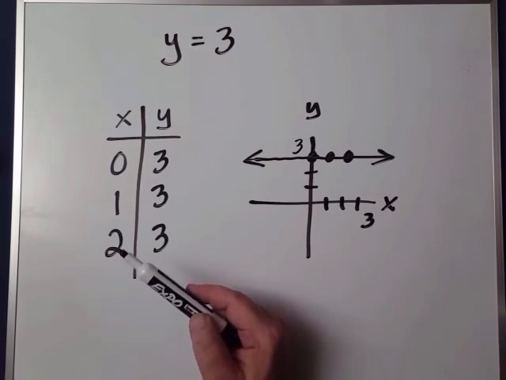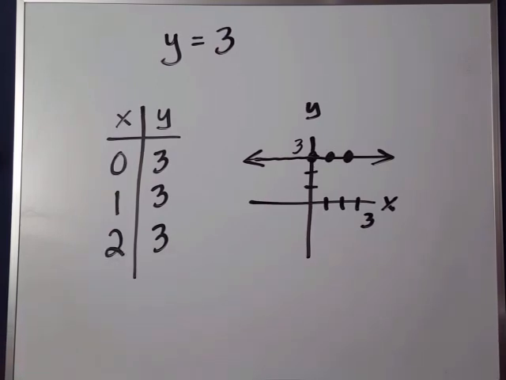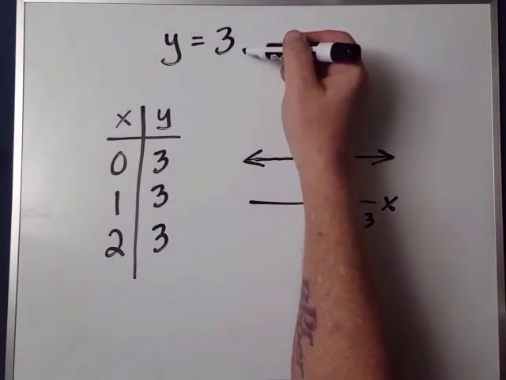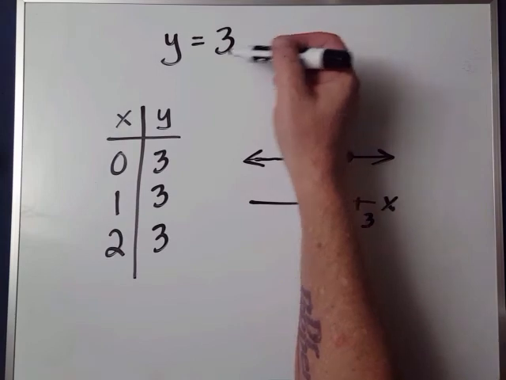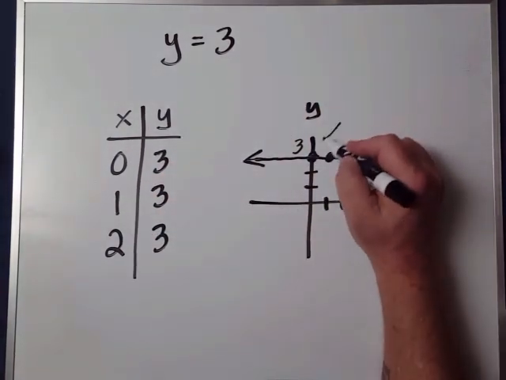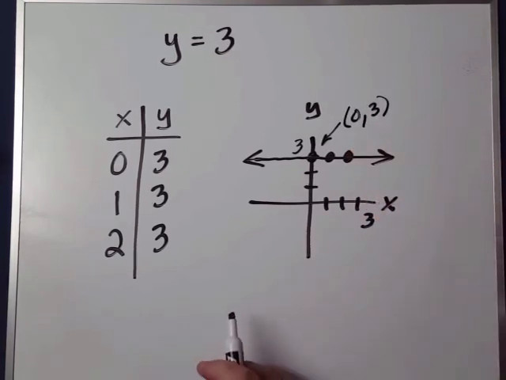Notice here on page 217 at the bottom, our brown box. It says the graph of y equals b, where b is a real number, is a horizontal line with a y-intercept at (0, b). In our problem, b was 3.